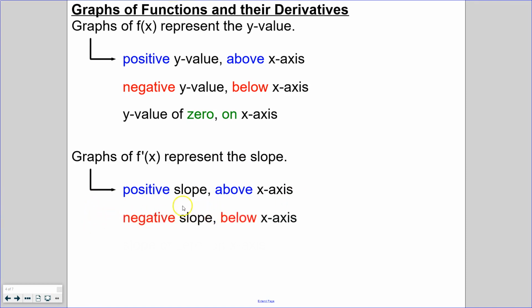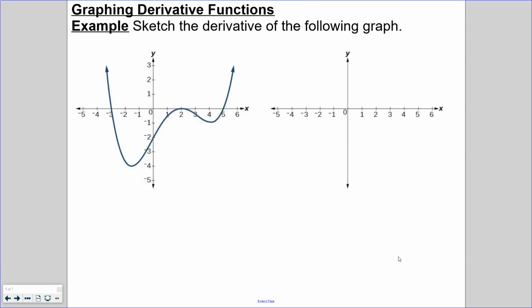If the slope of the original function is negative, our derivative graph is going to be below the x-axis. And if we have a slope of 0, the graph is going to be on the x-axis, an x-intercept of our derivative function. So whenever we're graphing f prime of x, the output is going to be the slope of the original function. Let's take a look at how this works.